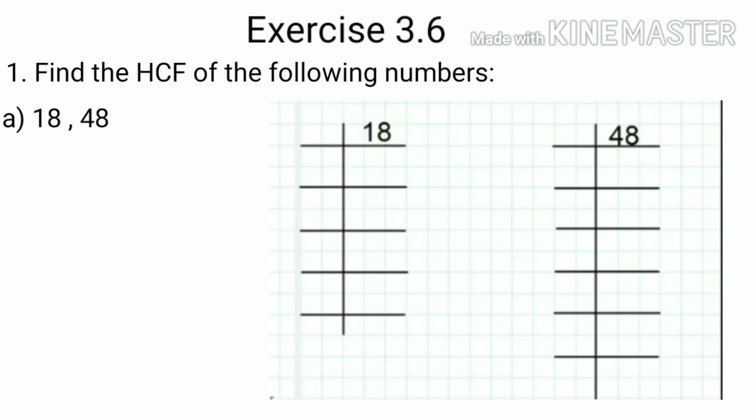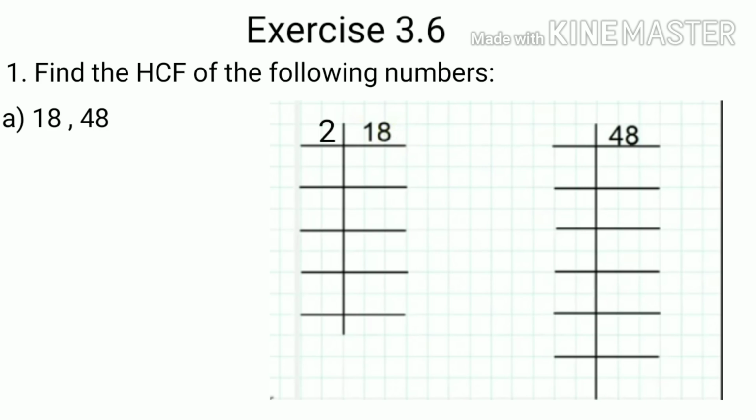So first we will find the prime factors of 18. So let's do the prime factorization of 18. In the first step, we need to find the smallest prime number which can divide 18 exactly without leaving any remainder. Since we know that 18 is exactly divisible by 2, we can divide 18 by 2.